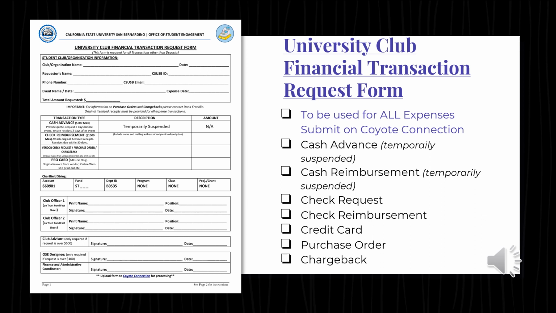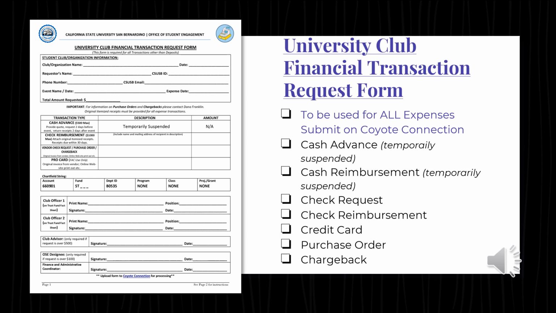The University Club Financial Transaction Request Form is utilized anytime your organization would like to access the funds from your ST fund. This transaction form can be found on the Office of Student Engagement website under Student Clubs and Organizations under Club and Organization Banking.